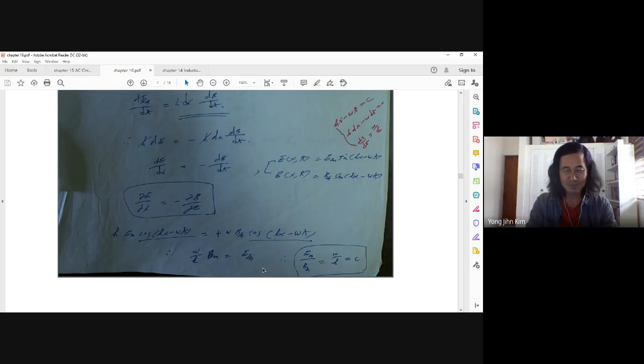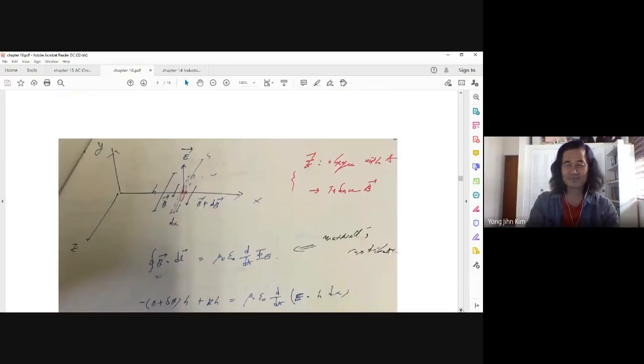Then let me move Bm here, so Em over Bm, the ratio of the electric field and magnetic field amplitudes, is equal to omega over k, and omega over k is the speed of the wave, so the speed of the electromagnetic wave.